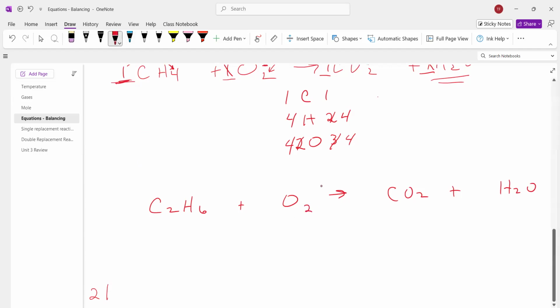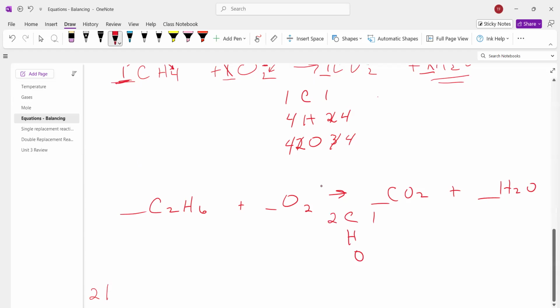Okay. All right. So first thing is do an inventory. We've got C's, H's, and O's again. We have 2 carbons on the left. Remember, coefficients are all 1 to start with, and 1 carbon on the right.